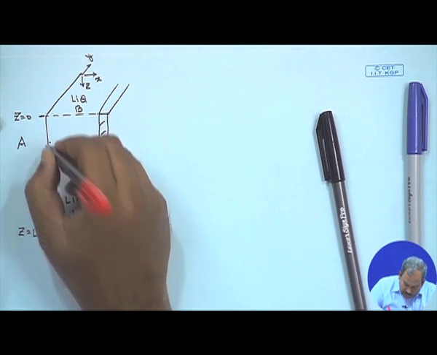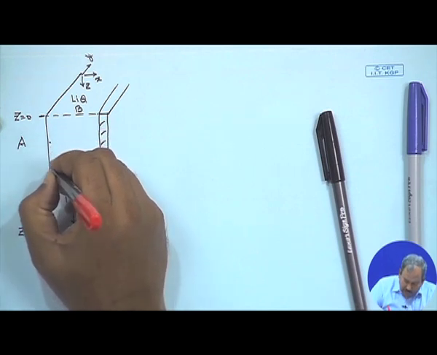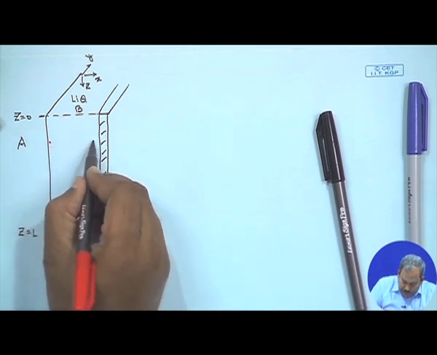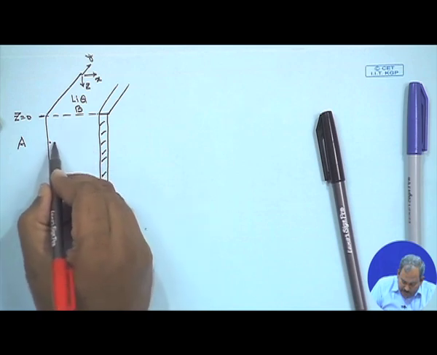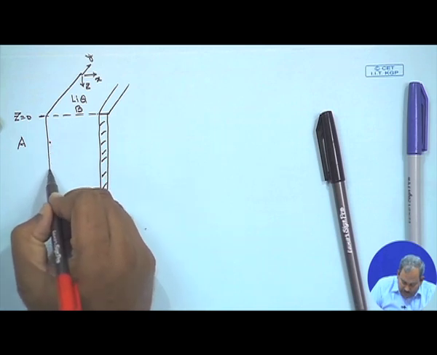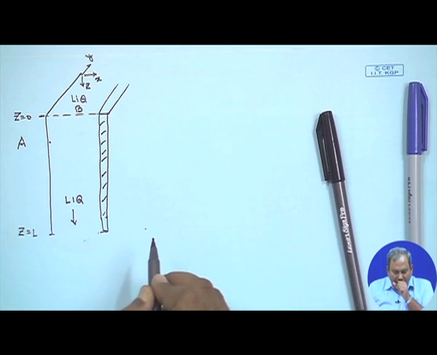The moment an A molecule gets dissolved, it starts its downward journey. But there is a difference in concentration in this direction. So A must diffuse in this direction, and A is going to go in this direction by convection.